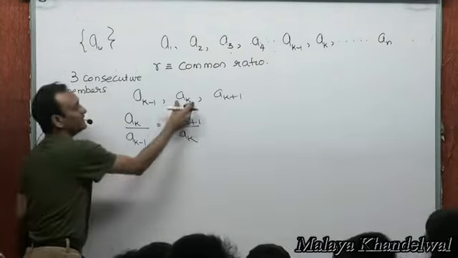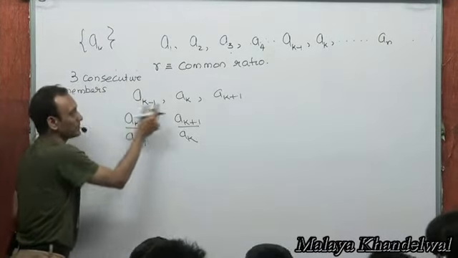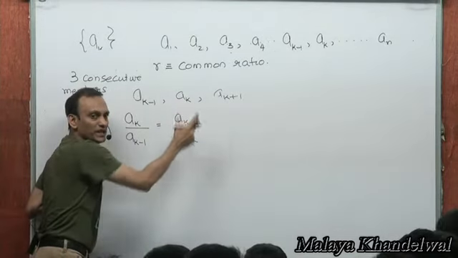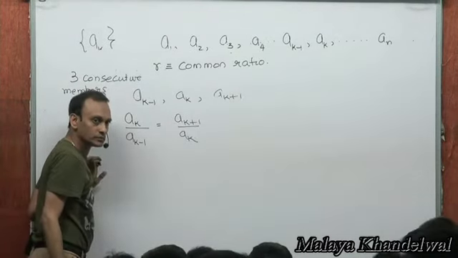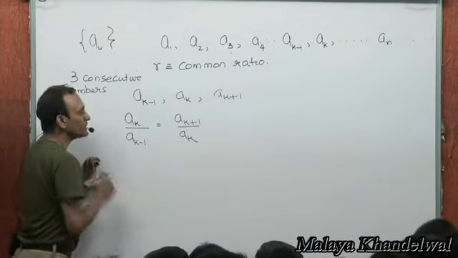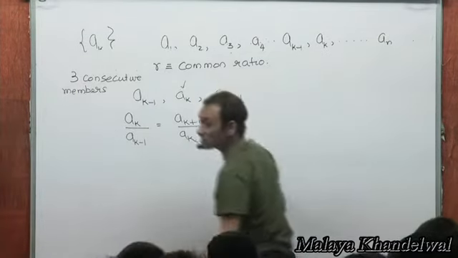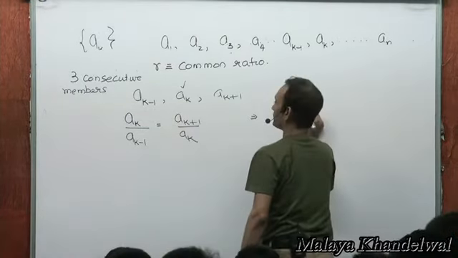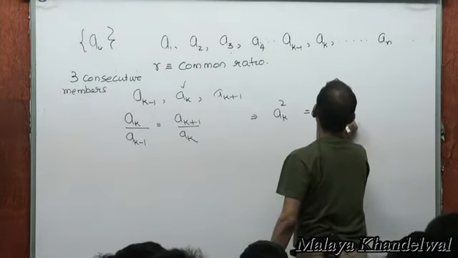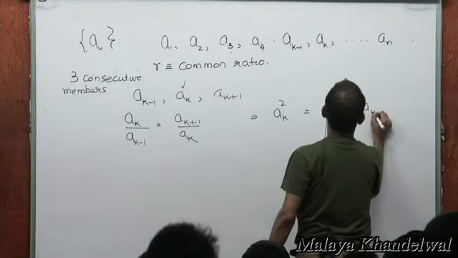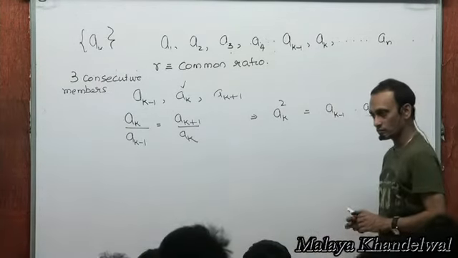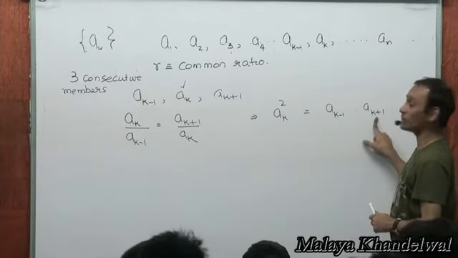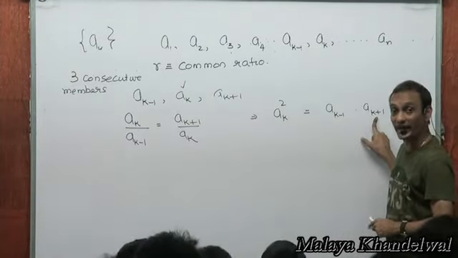Yes or no? Any term divided by previous term is the same. So this divided by this must be the same as this divided by this. Clear? Right? Which means this is the middle term. This gives me AK squared equals AK minus 1 into AK plus 1.